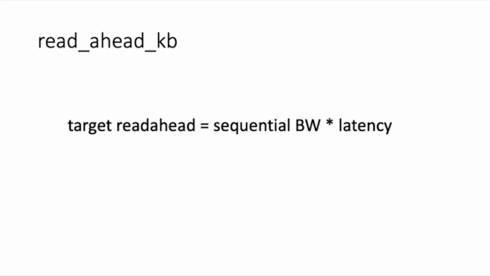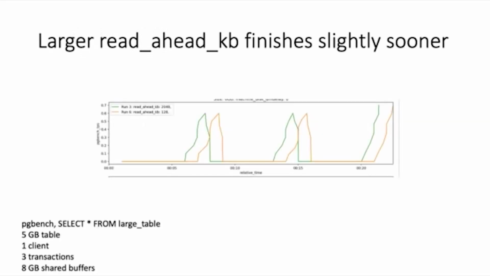So if you have, say, 700 microsecond latency, you're not going to need to set read ahead very high to make sure that when you need a block, it's available in the kernel buffer cache.